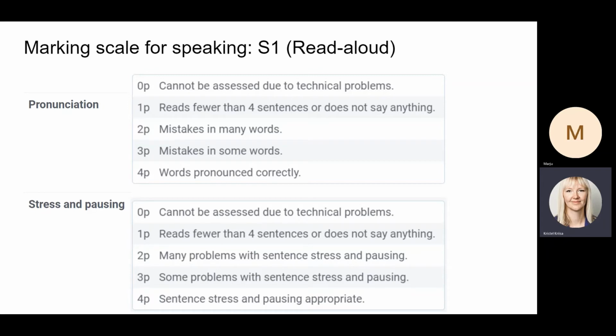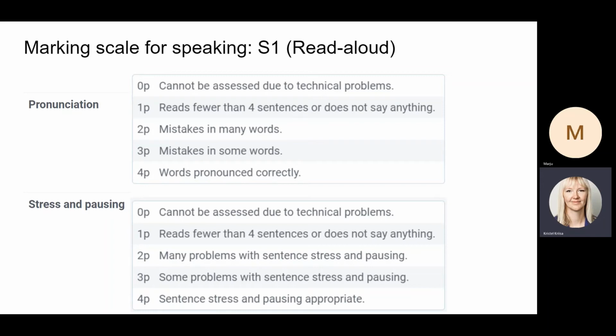If there are many problems with sentence stress and pausing, it's 2 points. If there are some problems, you give 3 points. And if the stress and pausing are appropriate, you give 4 points.